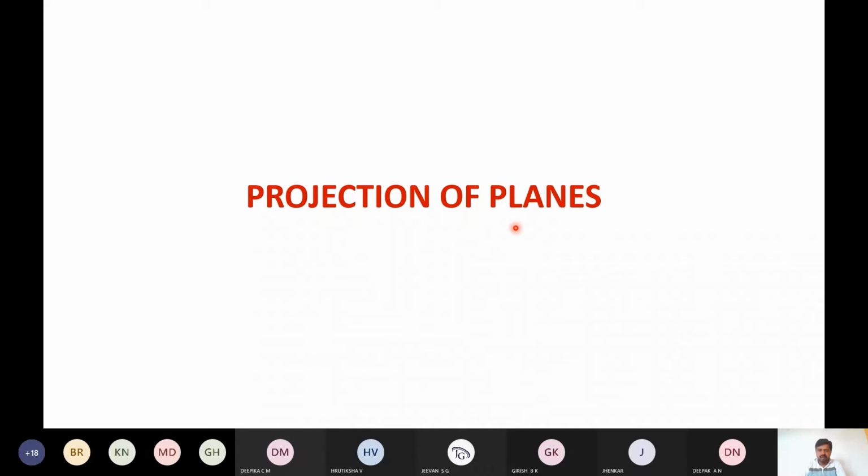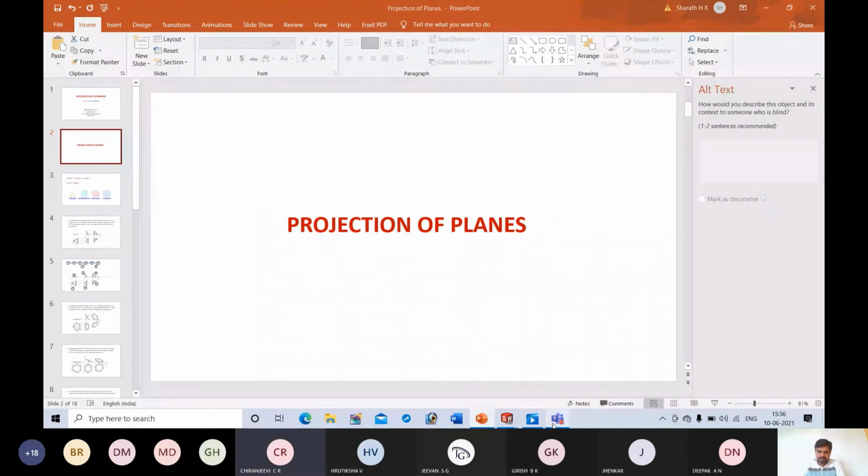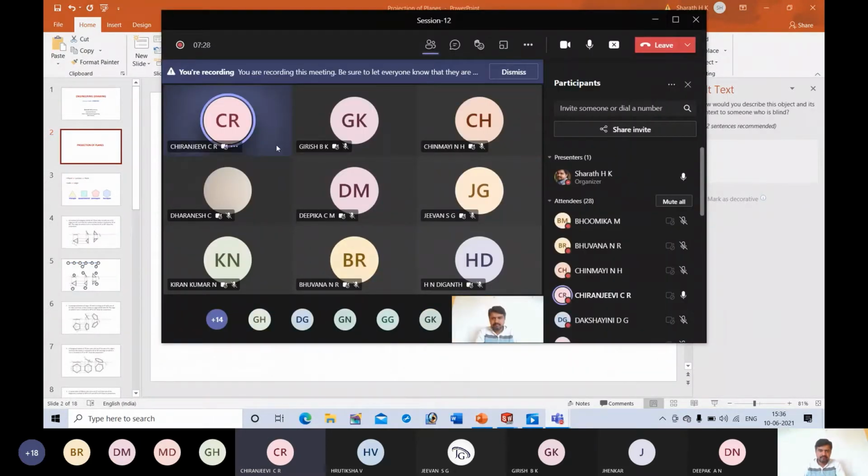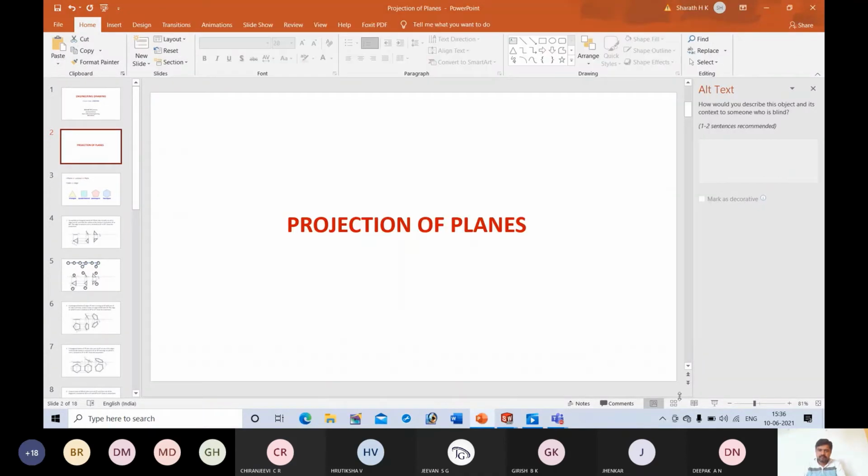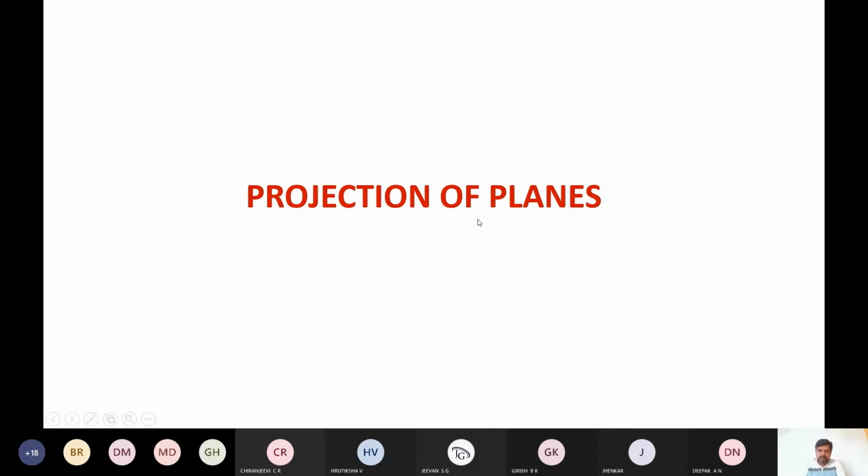If you consider wall, that is a two-dimensional thing. Okay. So here, planes are nothing but surfaces. Okay, so we know planes are two-dimensional objects or two-dimensional entity.